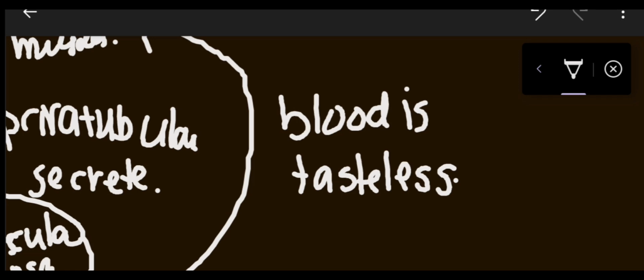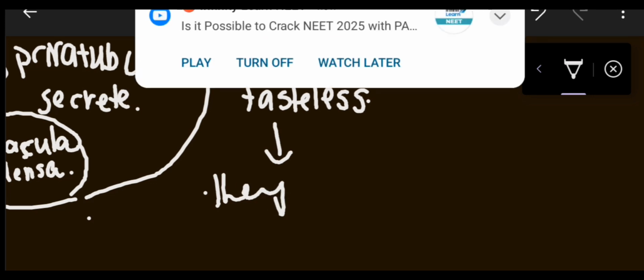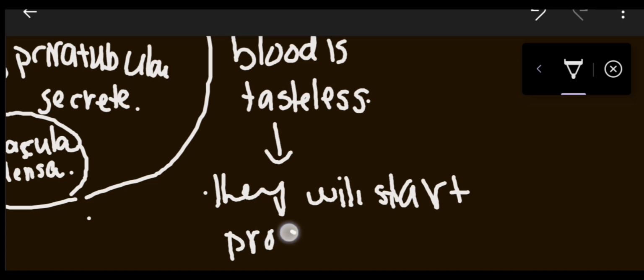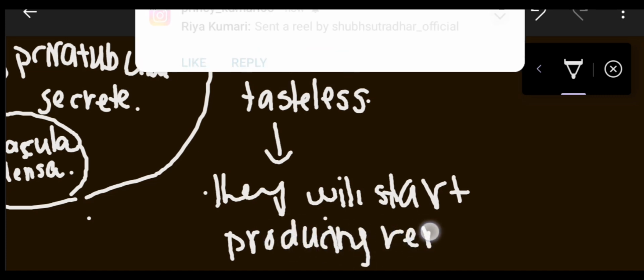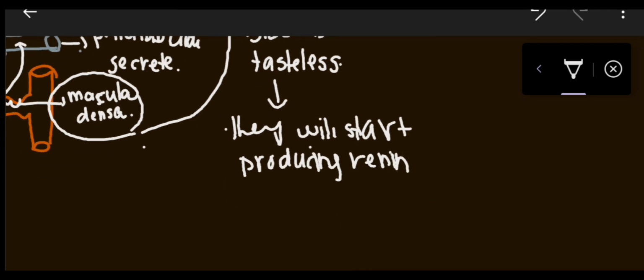So they will start producing renin. They will basically start producing renin, and thus renin is produced.